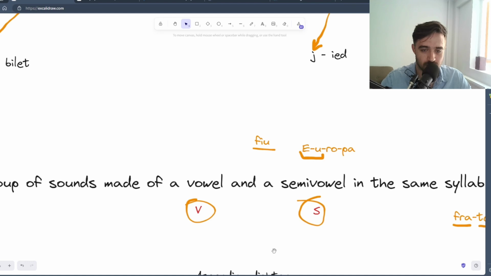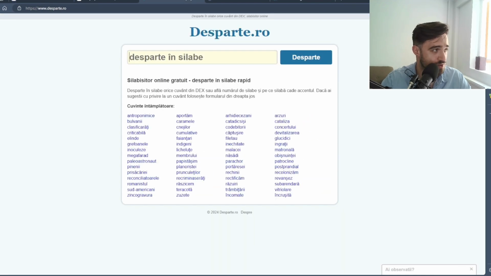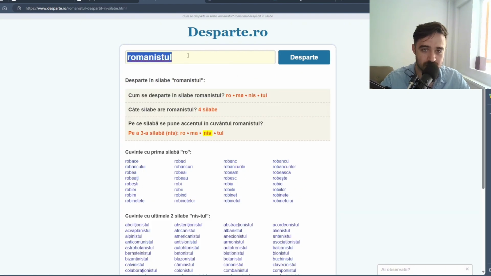One last thing before we move into ascending and descending diphthongs and the practical side of things: if you want to find out how to split words into syllables, I would suggest you go to desparte.ro. This is a great website where you can check how a word is split. We can just pick one, for example romanistul.